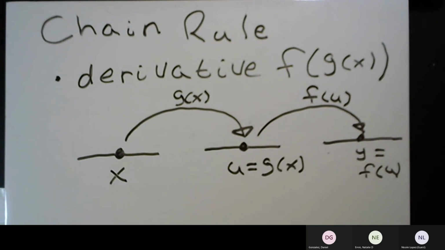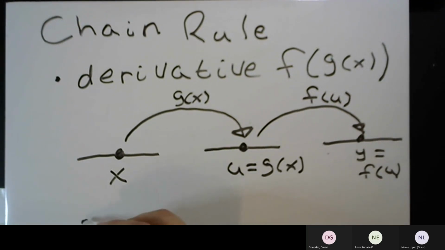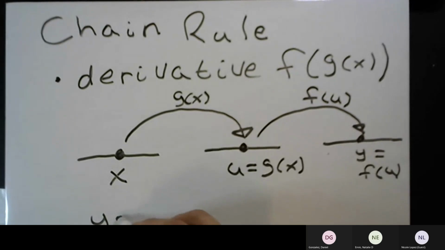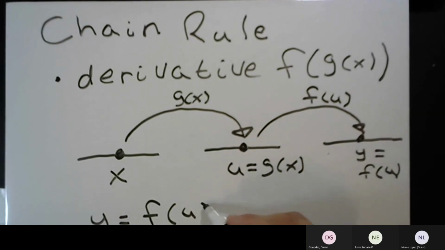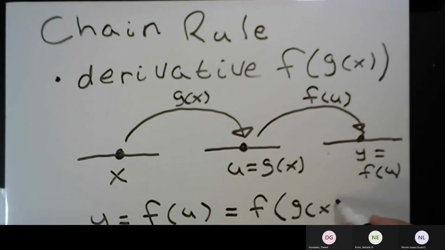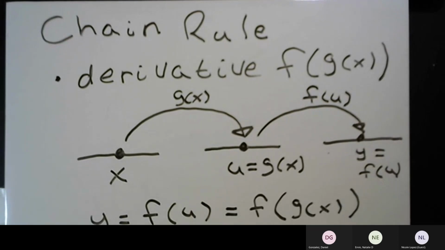In essence, y equals f of u, which is f of g of x. This is the idea of composition.